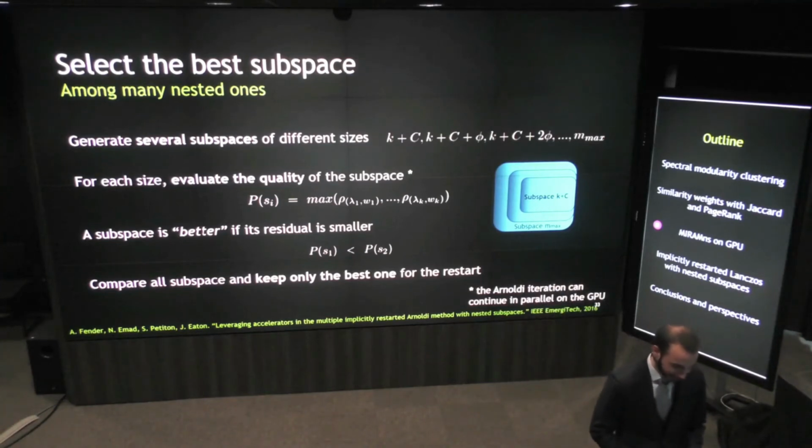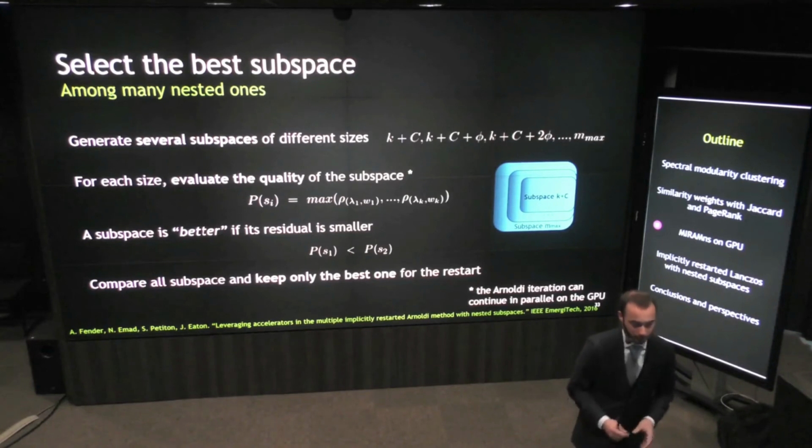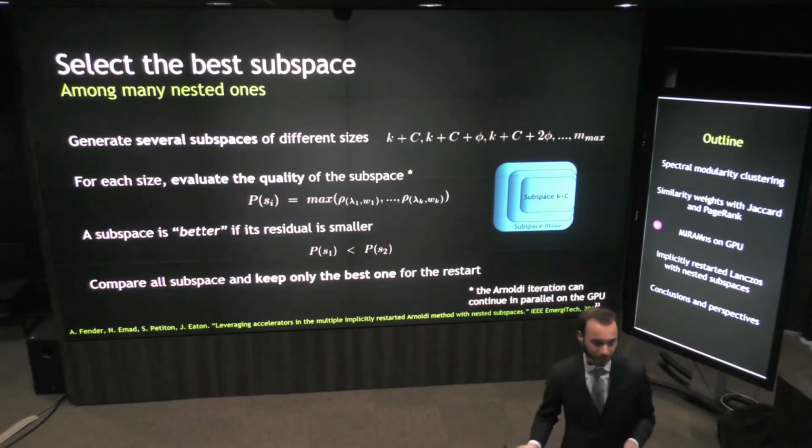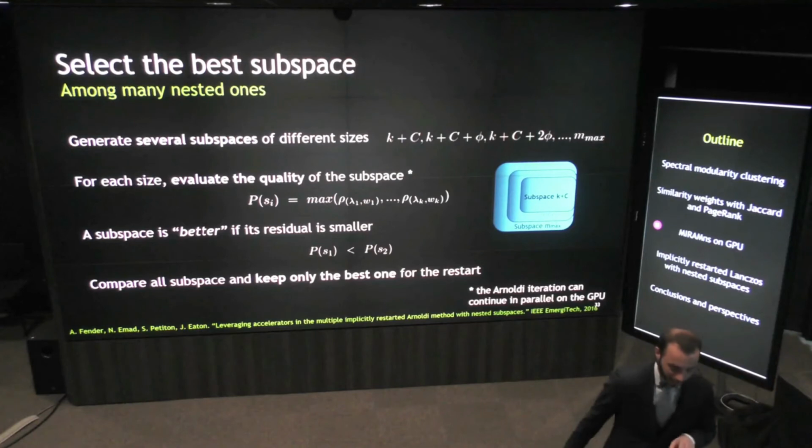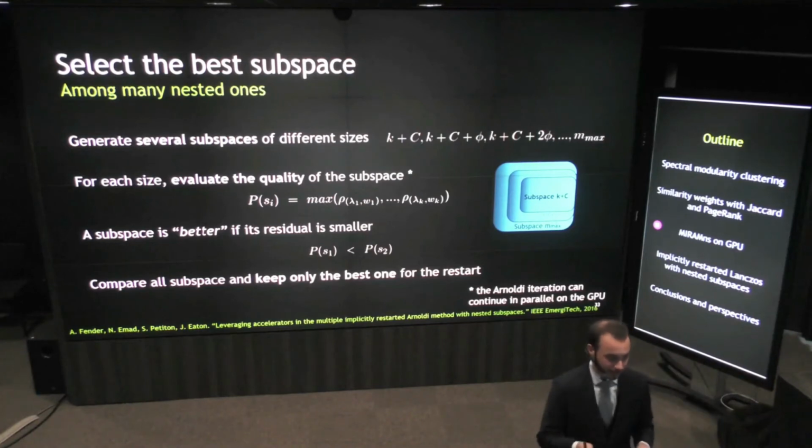The other question, I guess, is, you mentioned there's only 1% overhead in the implicitly restarted Lanczos method, because of overlapping, meaning you're able to do host calculation at the same time you're doing a GPU calculation. Yes, because let's say we are at iteration X, and at this point let's say it's a subspace size that we are interested in.